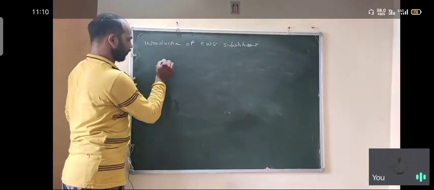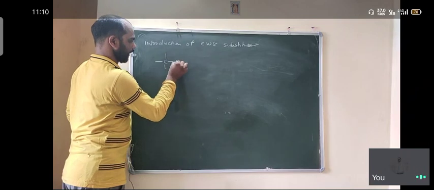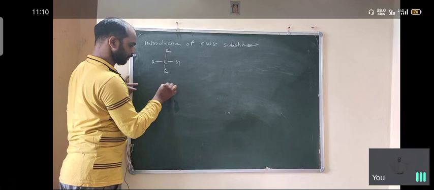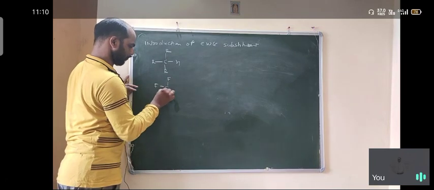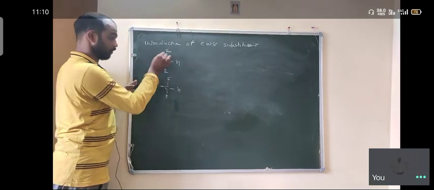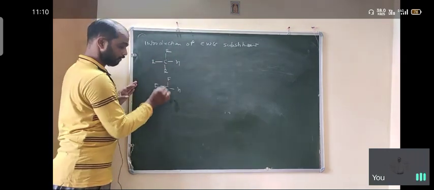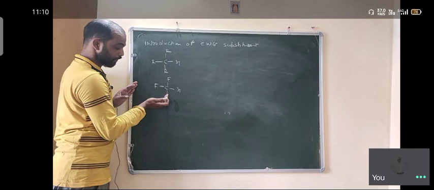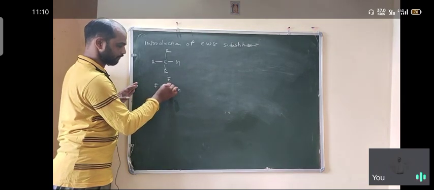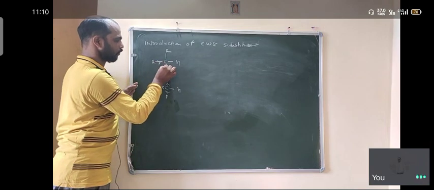Suppose here for that H, here is R, R, R, and in the second example suppose here is F, F, F. R is an electron-donating group. Fluorine is electronegative, meaning fluorine has a withdrawing effect. All fluorines have a withdrawing effect, but here it is a donating effect.